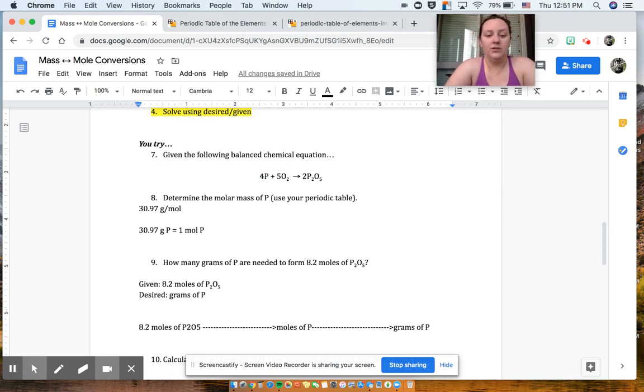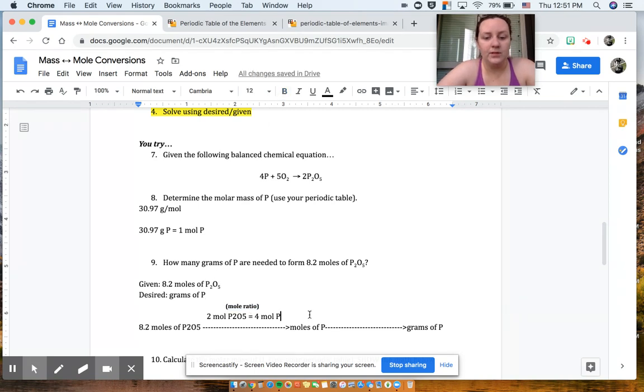So that's what I'm going to put here: 2 mole P2O5 equals 4 mole P. And I got that from the balanced chemical equation. 2 moles of P2O5, that's this 2 here, to every 4 moles of P, that's this 4 here in front of the P. It's the coefficients. So I'm just going to write over here "mole ratio," because that's where that came from. I'll just make that smaller.